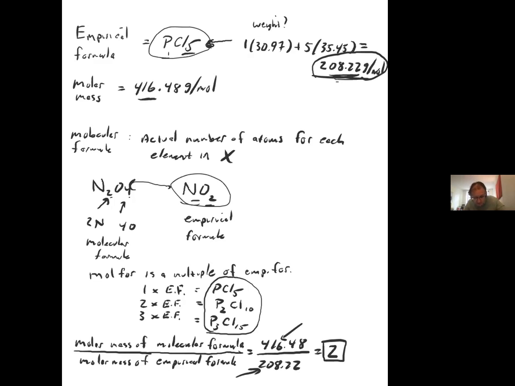So you say, okay, here's our empirical formula, PCl5. What would that be times 2? It's got to be twice as heavy. Well, that would be P2, 2 times 1. 2 times 5 is 10. So P2Cl10. And this would be the molecular formula. Okay, and there you go.